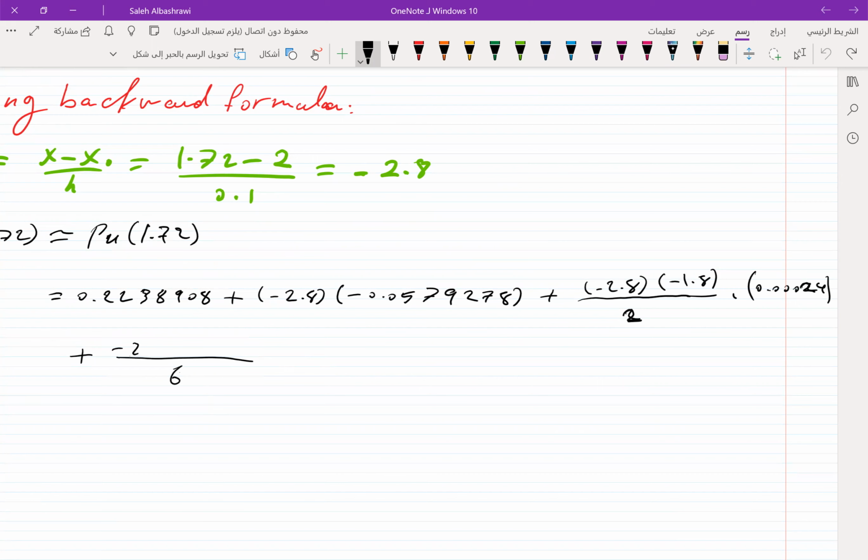It is minus 2.8 multiplied by minus 1.8 multiplied by minus 0.8, multiplied by 0.0000409, and this will give me the value of 0.3864184.